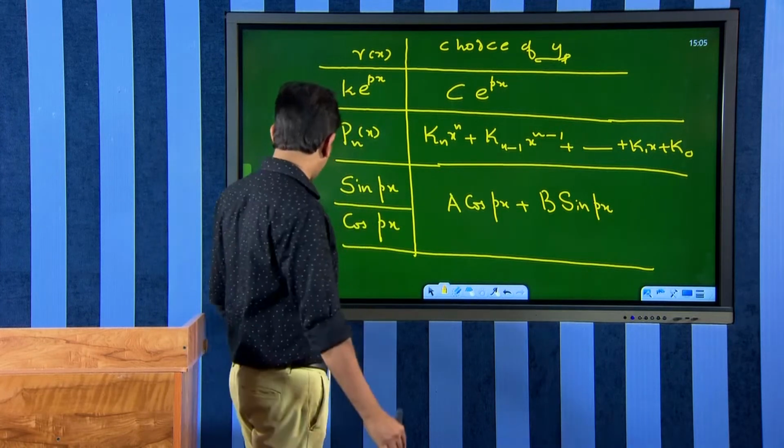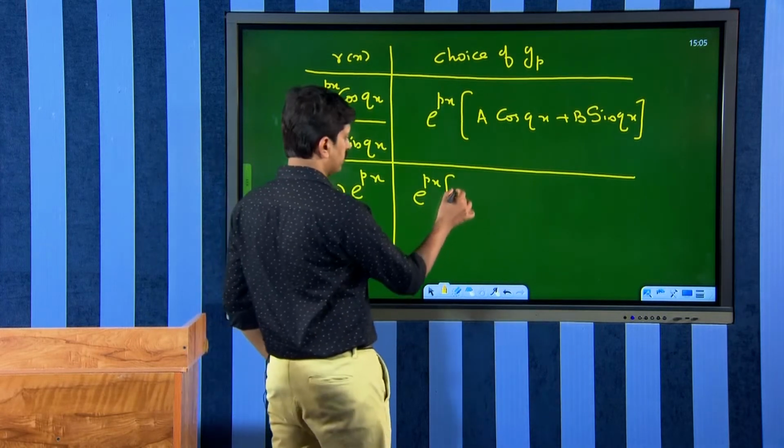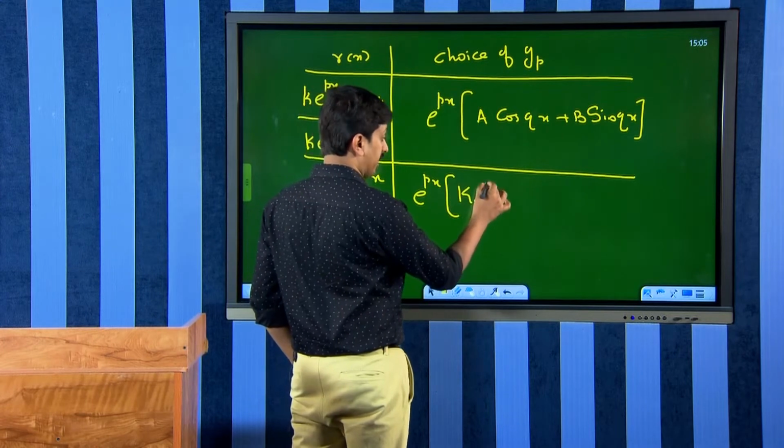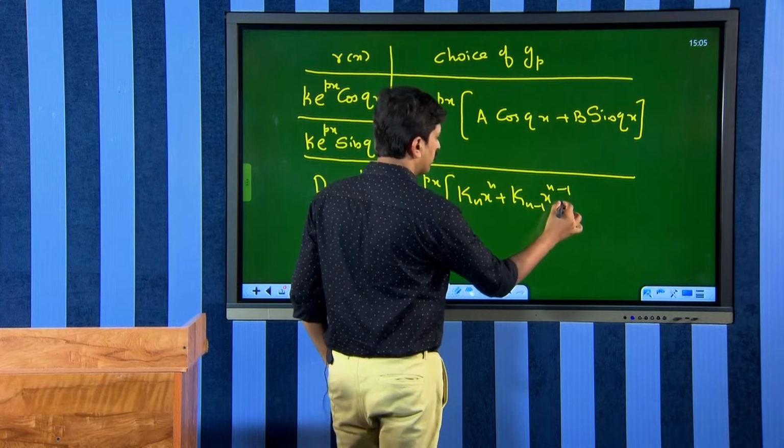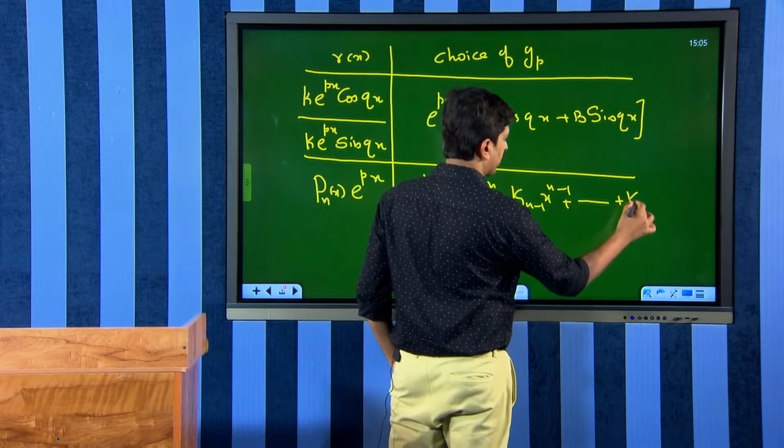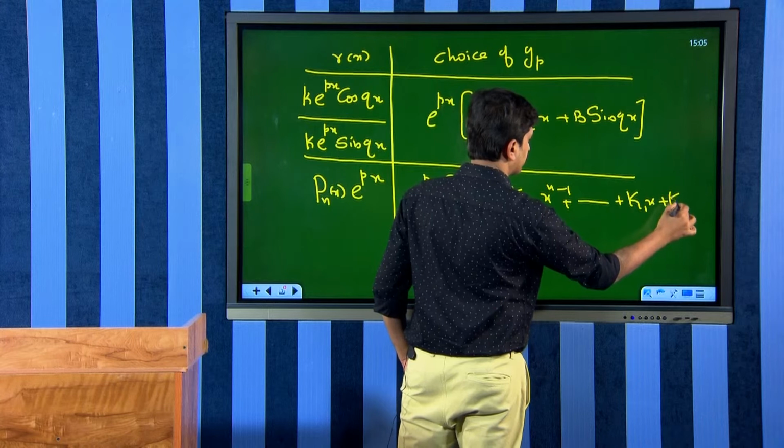So that will be e raised to px into kn x raised to n plus kn minus 1 x raised to n minus 1 plus etcetera plus k1 x plus k0.